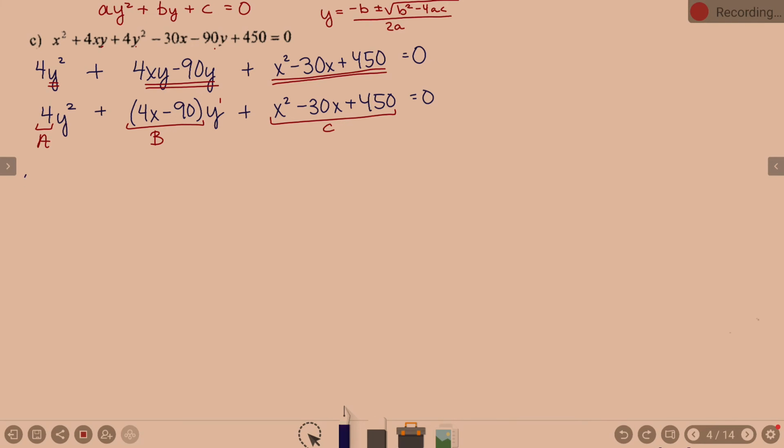I'm solving for y, so I'm saying y equals negative b. If b is 4x minus 90, what is the negative of 4x minus 90? Negative 4x plus. Good. Negative 4x plus 90. Plus or minus the square root of b squared. So I'm going to write that as 4x minus 90 quantity squared.